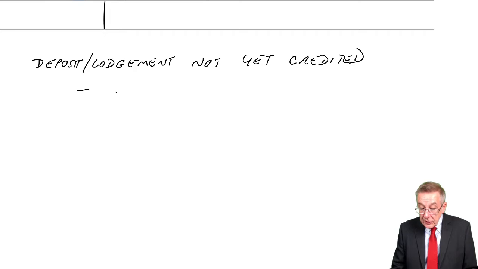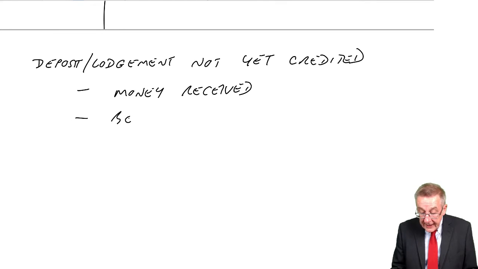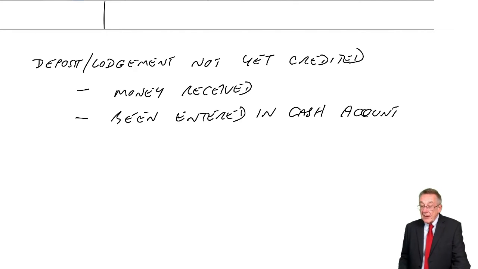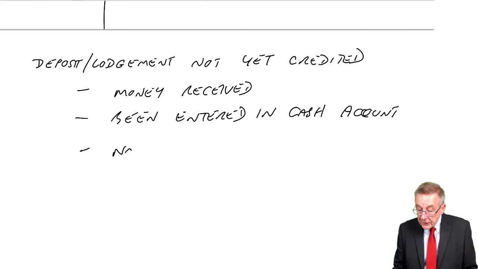So this is a payment received, money received. It's been entered in the cash account. When I received it, I've debited cash, but it's not yet appeared on the bank statement.